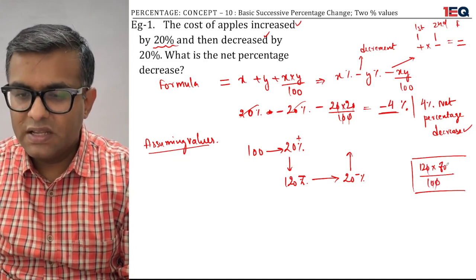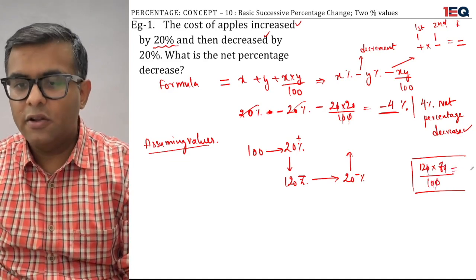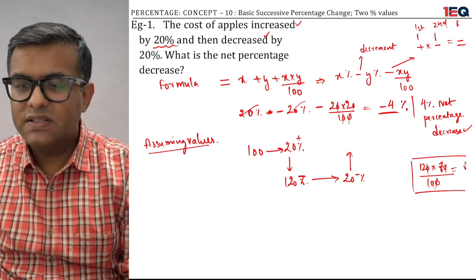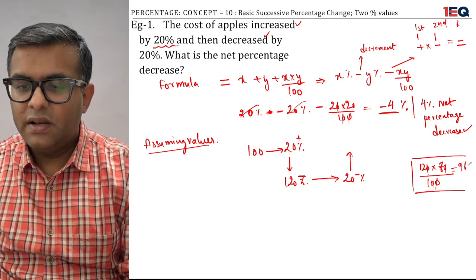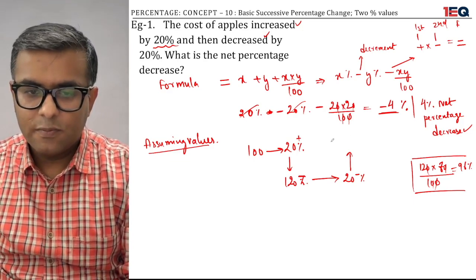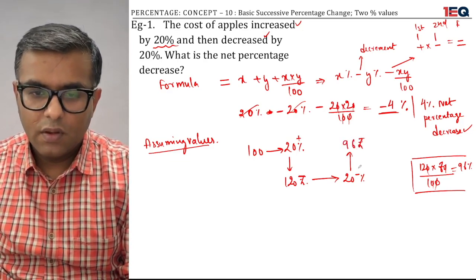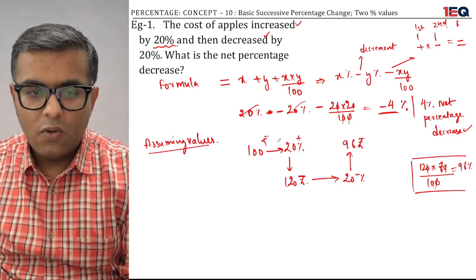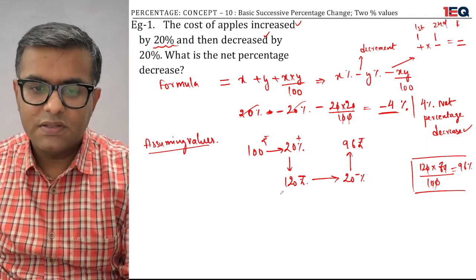The two zeros get cancelled in the numerator and the denominator. 8 twos are 16, 8 ones are 8, 96. Whatever we get here is 96 rupees. We started off with 100 rupees and now we are sitting at 96 rupees.